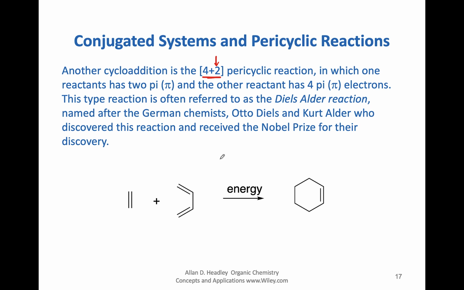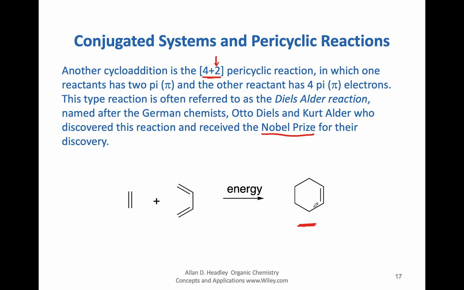This reaction is very important in organic chemistry, and it was discovered by Otto Diels and Kurt Alder, German chemists, and they actually got the Nobel Prize for this discovery. It is very important because, as you can see here, it makes a cyclohexene.